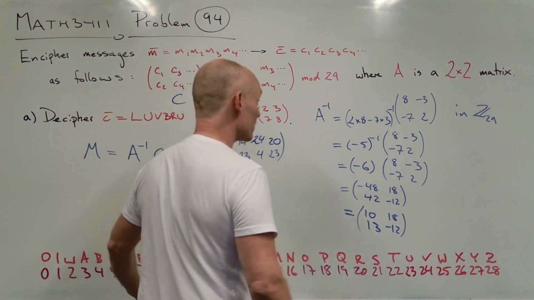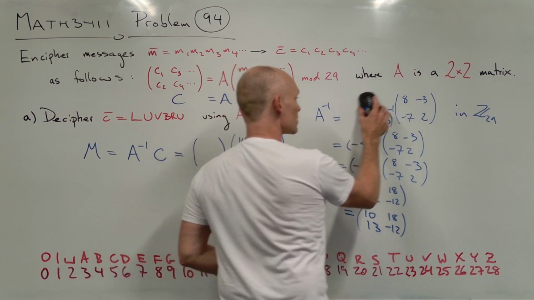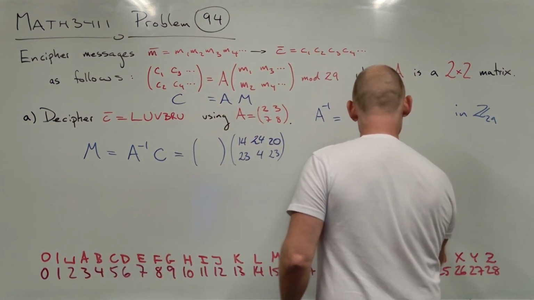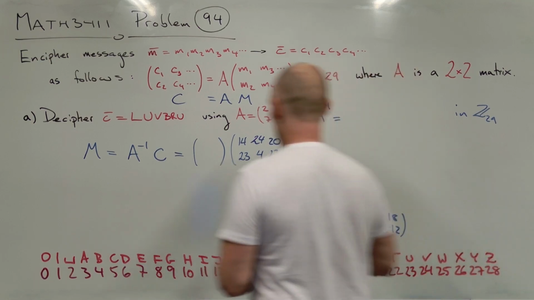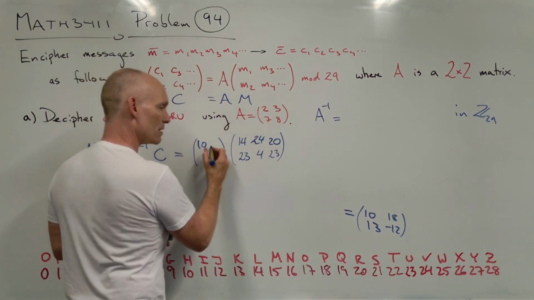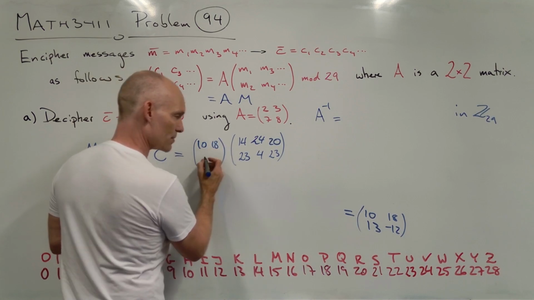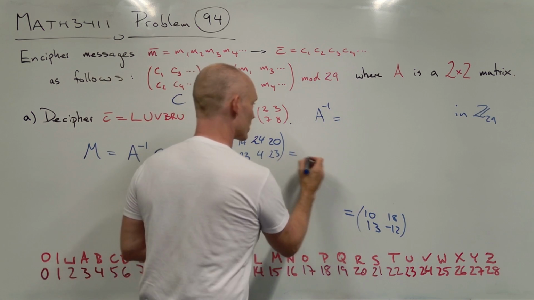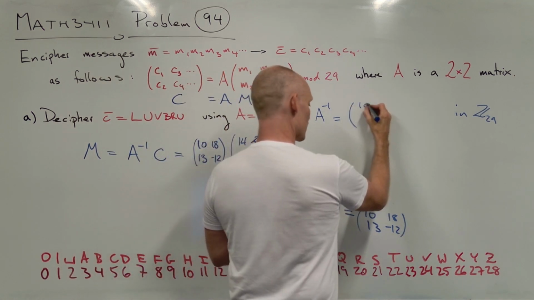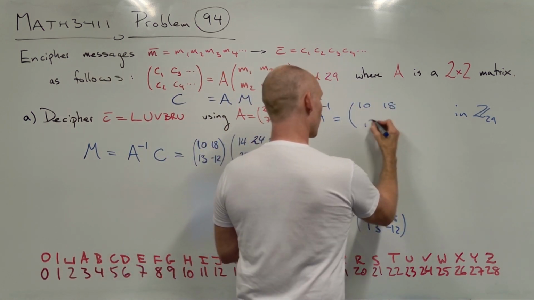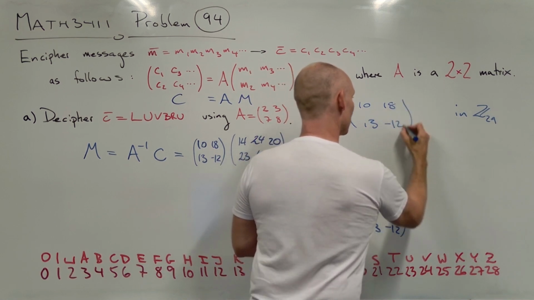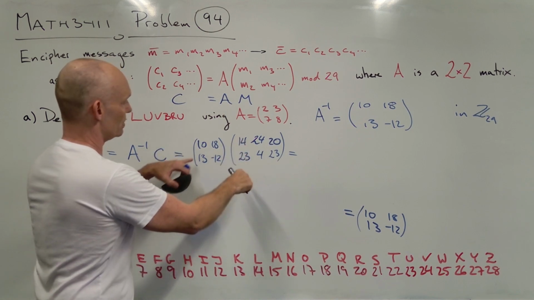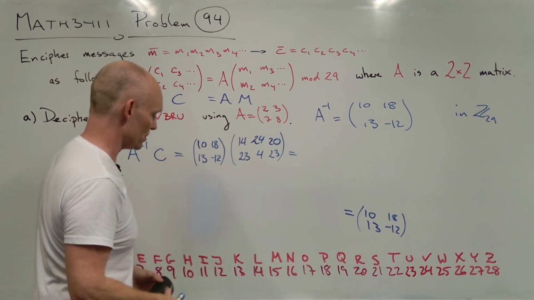So if I write that up nice and tidy, then we can proceed with the multiplication over here. So here we have 10 and 18 and 13 and minus 12, and that should give us something. I'll just copy this up here. Well, what is that something? Here again, we just have to do matrix multiplication, 10 times 14 plus 18 times 23.